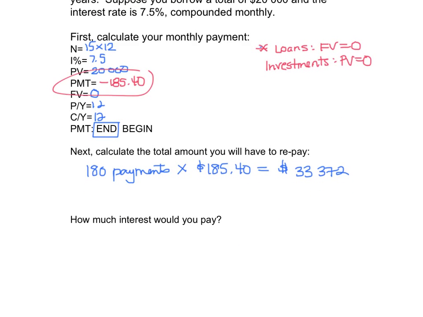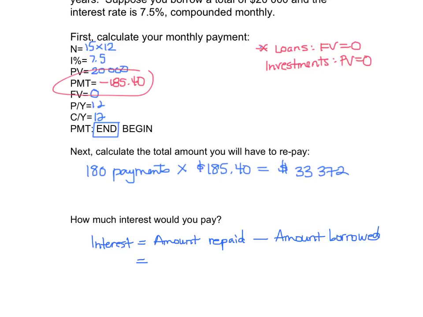Okay, and then it says, how much interest would you pay? Well, interest is the difference between the amount you pay back to the bank and the amount you borrowed. So let's write that down. Interest would be the difference between amount repaid and the amount borrowed.